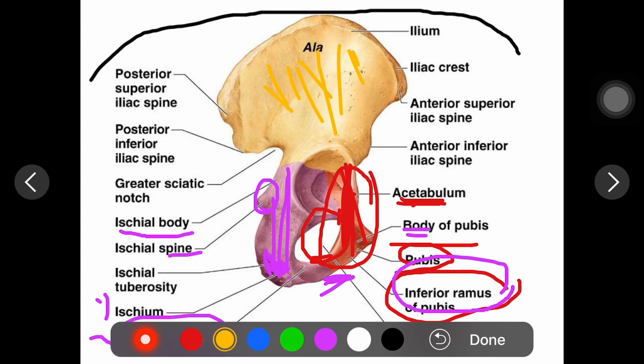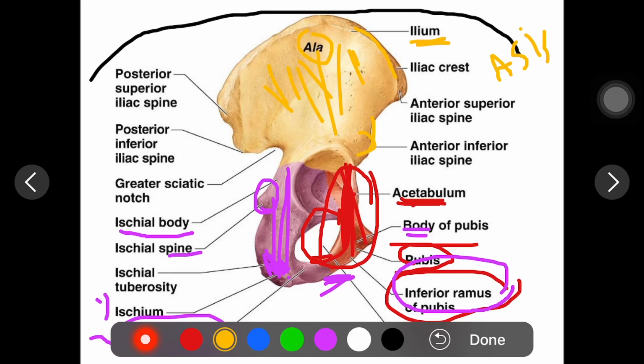In the end I will discuss the yellowish color. What we have in yellow is the ilium, this area is the ala. Start with each edge. As I told you before, you have this crest. The iliac crest has the anterior superior iliac spine, and the anterior inferior iliac spine, which is this.